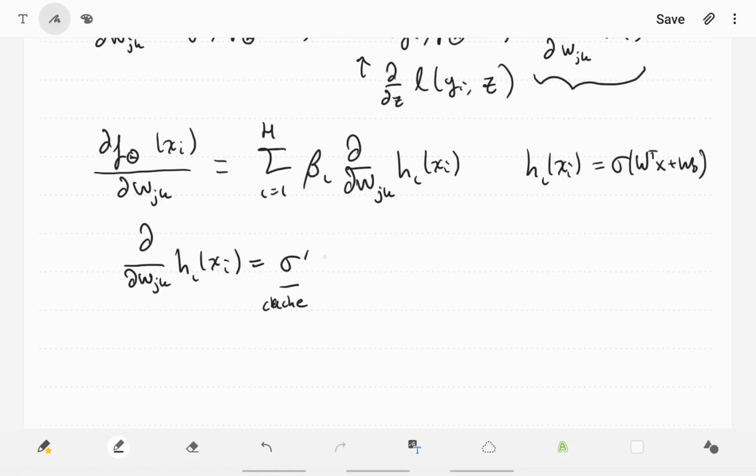Of this w transpose x plus w naught, times the derivative of this inner part here with respect to wjk.